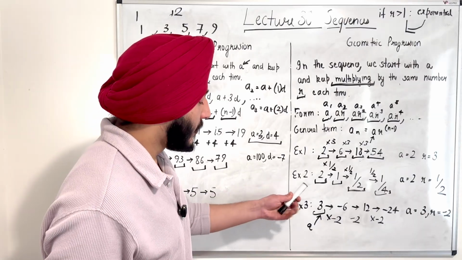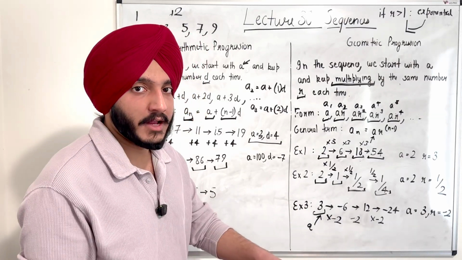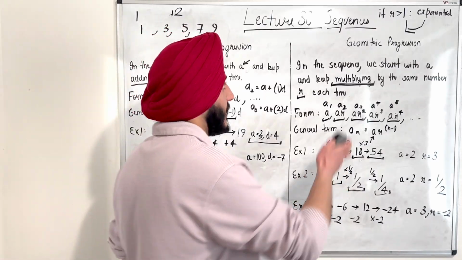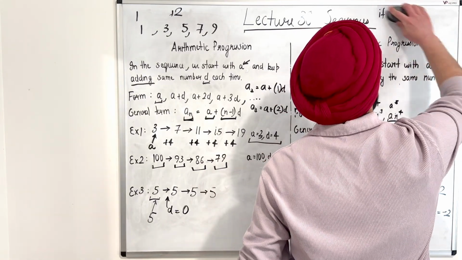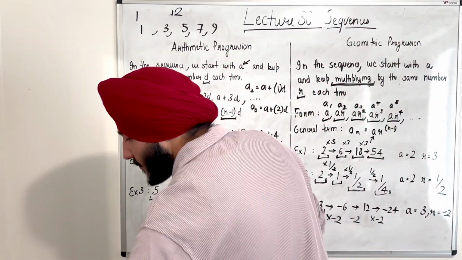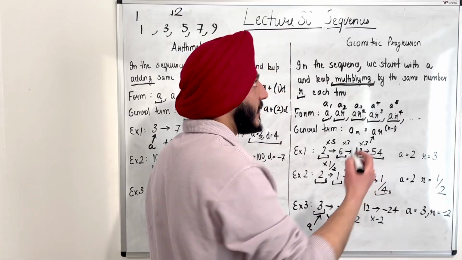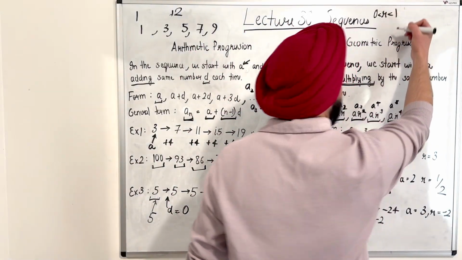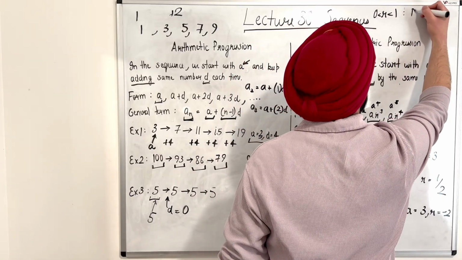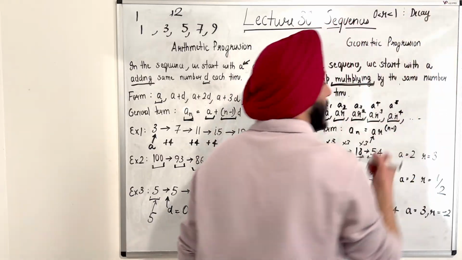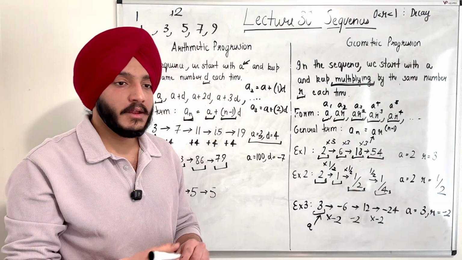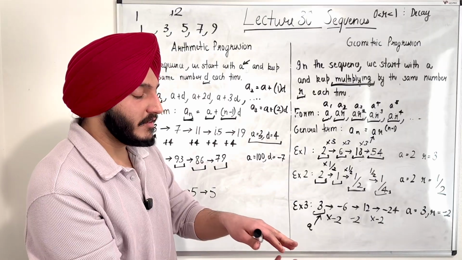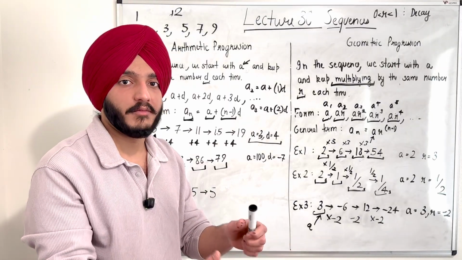In the second example, I showed you that it is decaying. When you multiply by a fraction, it keeps on decaying again and again. The important point to understand is that if the value R is greater than 0 but less than 1, then it is going to decay, meaning it's slowly going down and down again. In this case, we keep on making it half every single time.